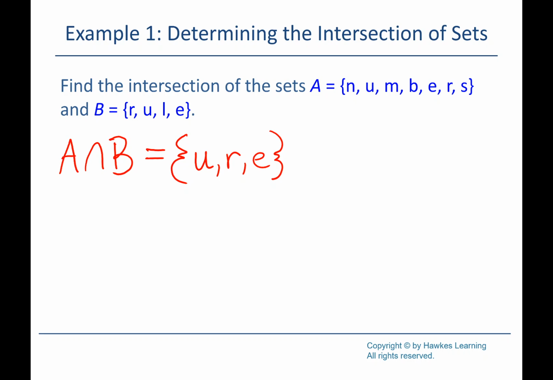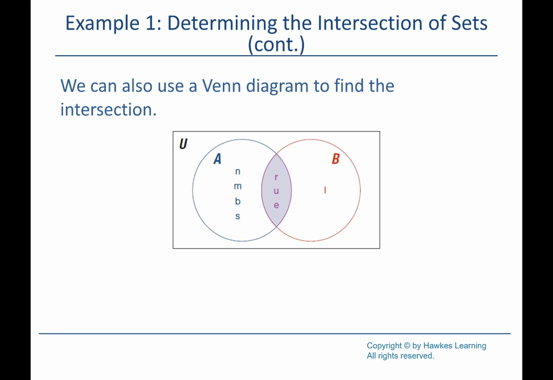All right, so then something else we can look at, again, a Venn diagram doesn't really help us figure this problem out. It's probably easier to do it this way and then draw the Venn diagram, but just to know what the intersection looks like on a Venn diagram, let's look at it. So we would have a circle for set A, and then a circle for set B, and then those letters that were in both sets would have to be in the place where those circles overlap.